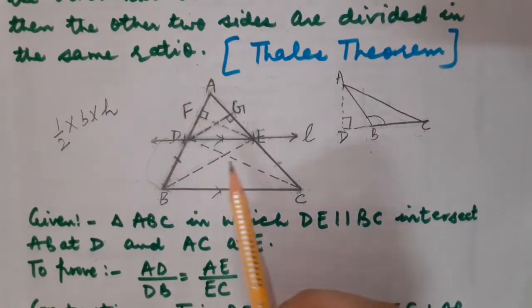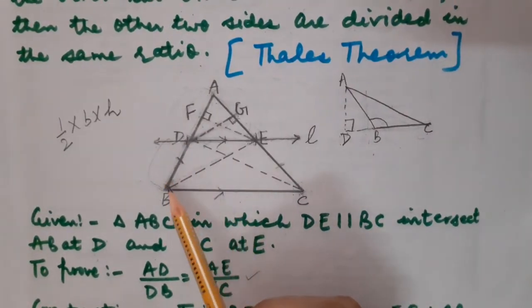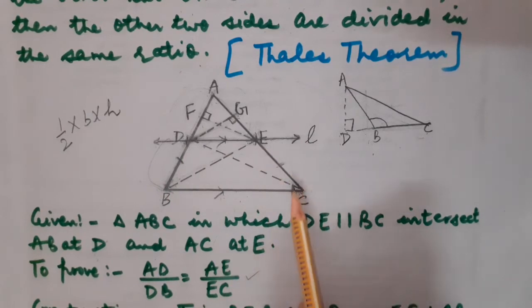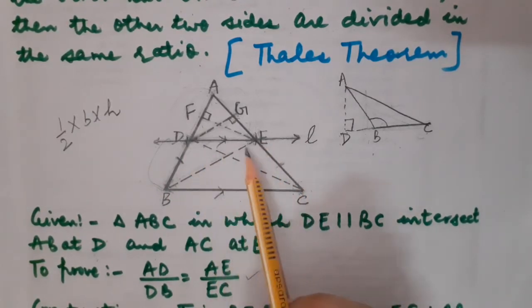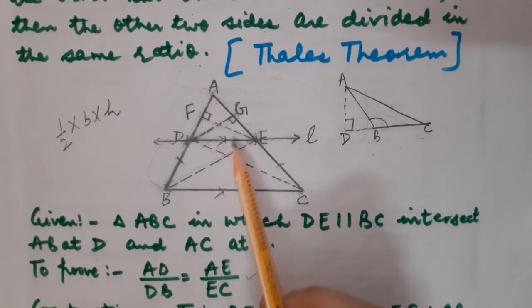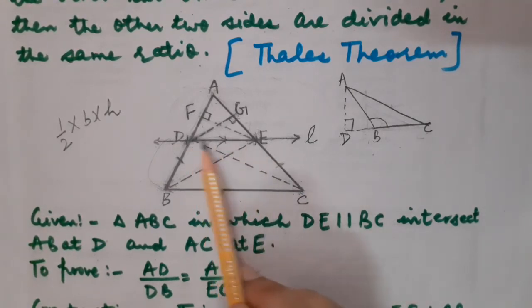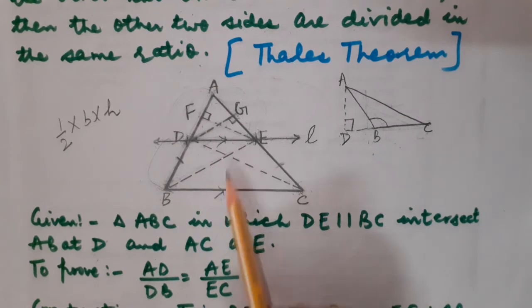Now children, just observe in the diagram. Triangle BDE and triangle DEC both are on the same base, that is DE, and between the same parallels.